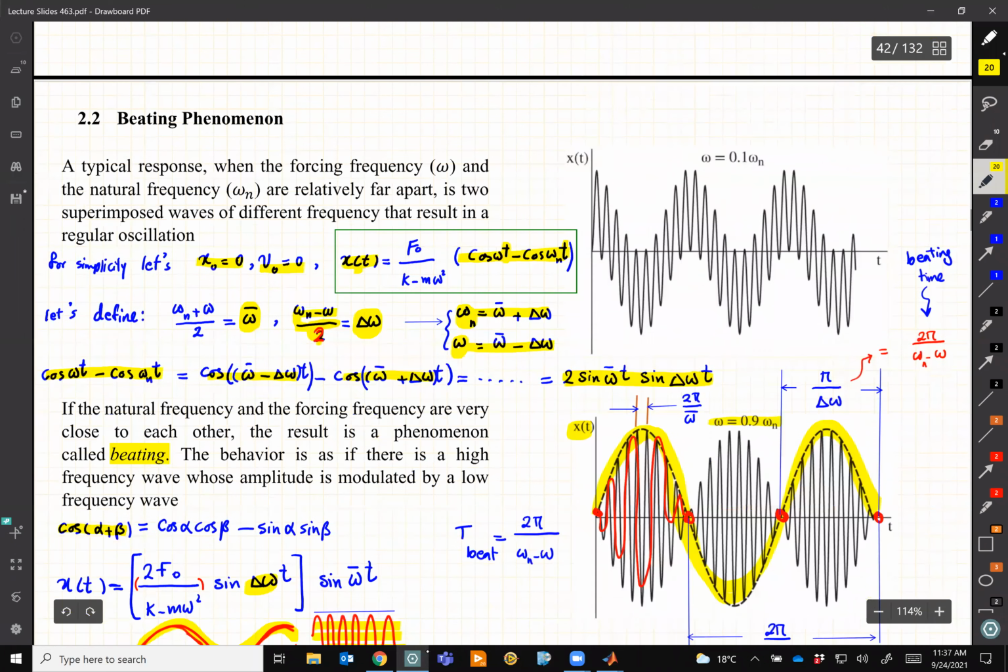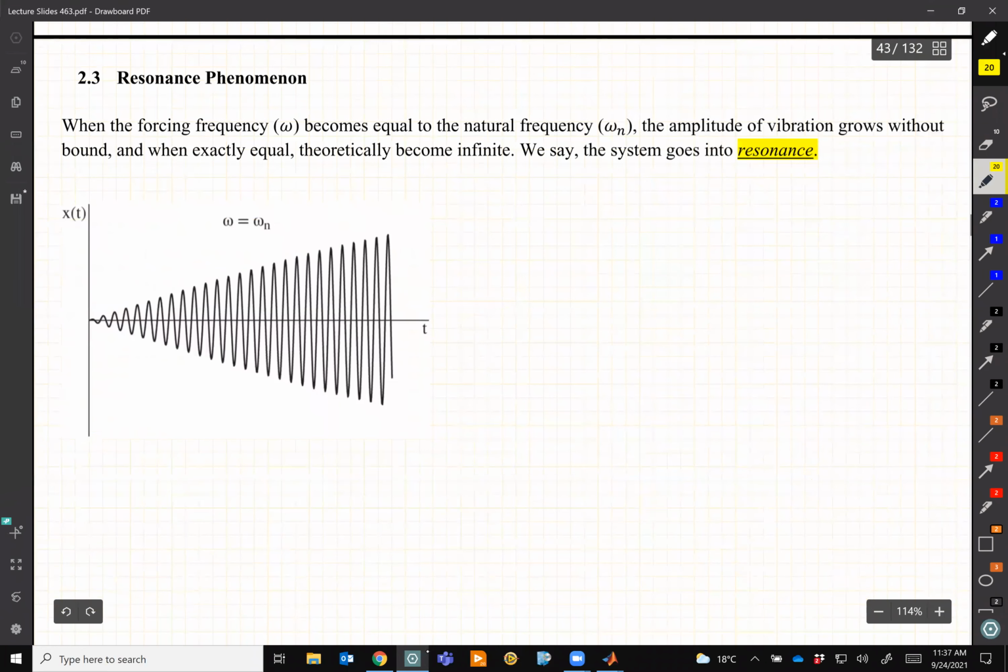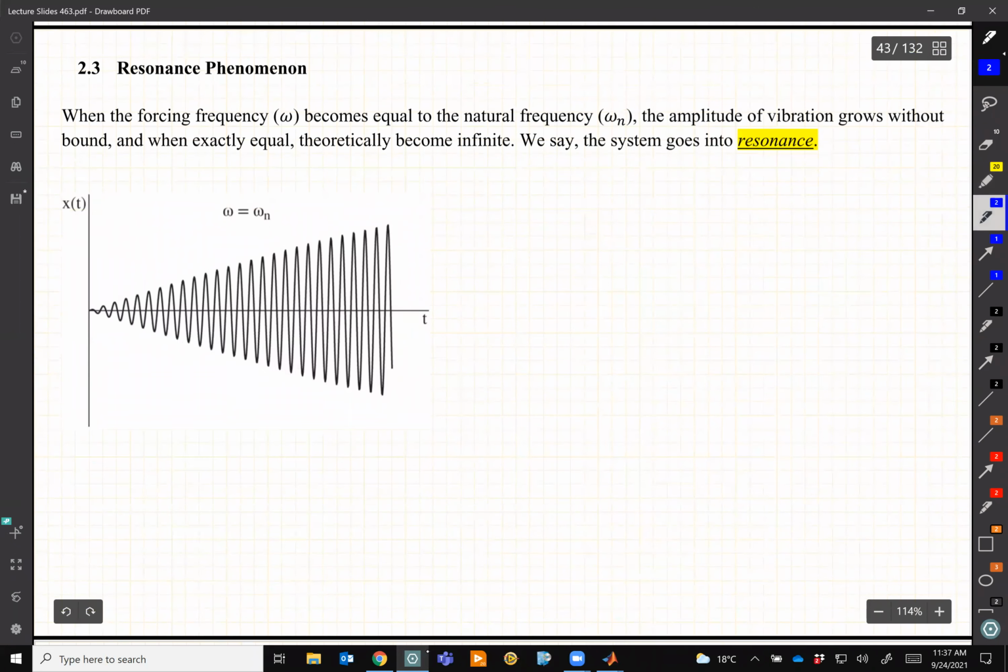So our conclusion for resonance was that our original answer, let's write it down: m x double dot plus k x equal to f0 cosine omega t.